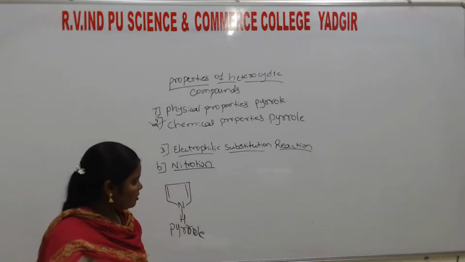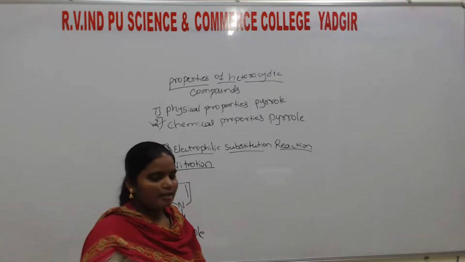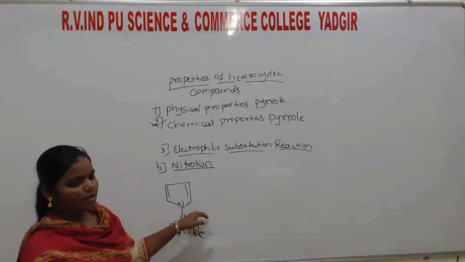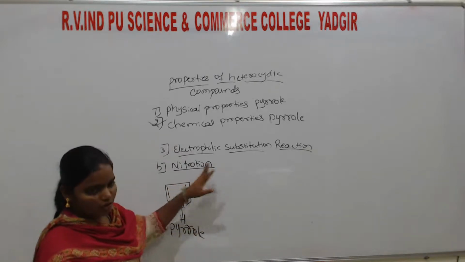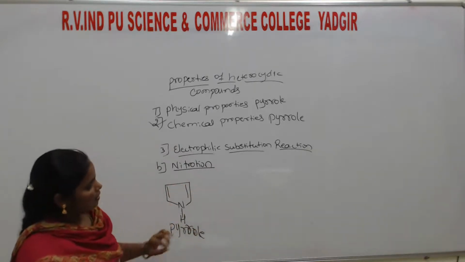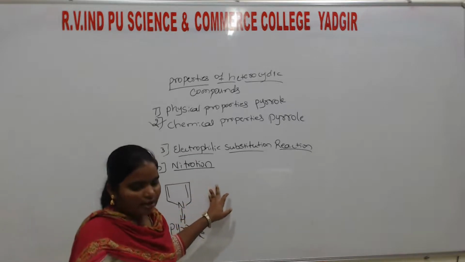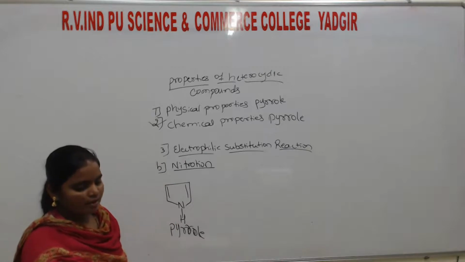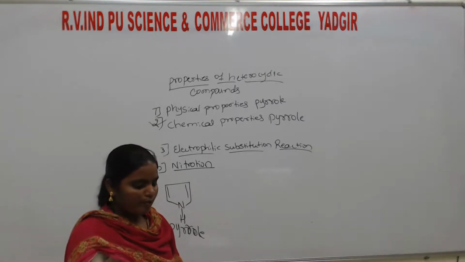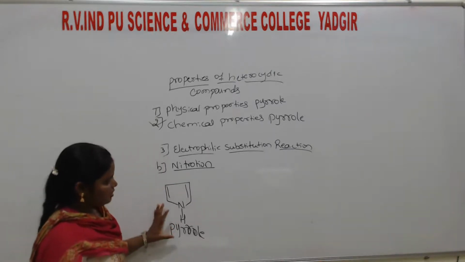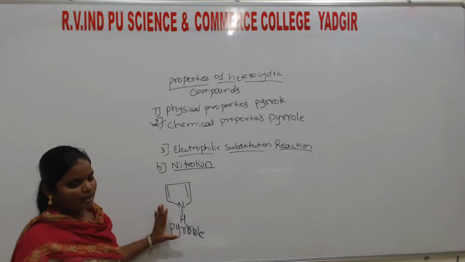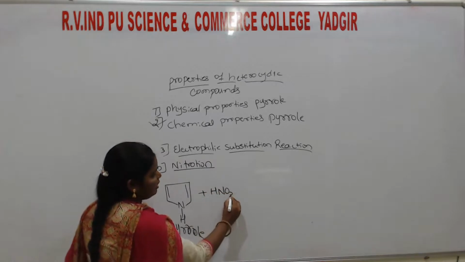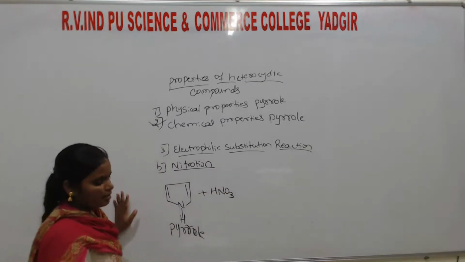When pyrrole is treated with nitric acid in acetic anhydride at 0 degrees Celsius, it forms 2-nitropyrrole. Here this is pyrrole, treated with nitric acid, HNO3, with acetic acid.